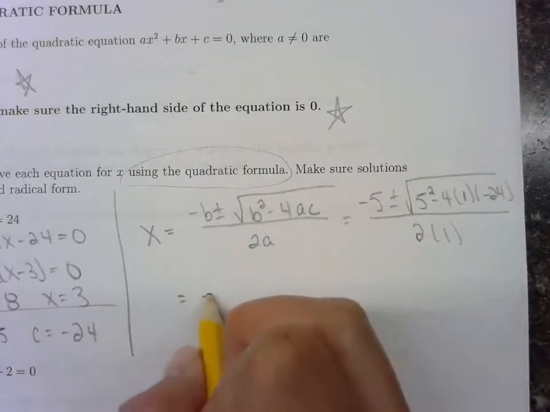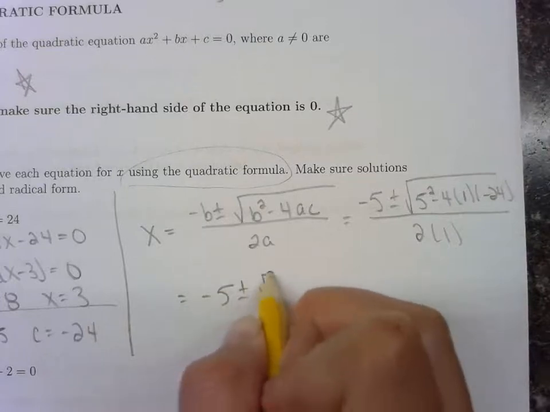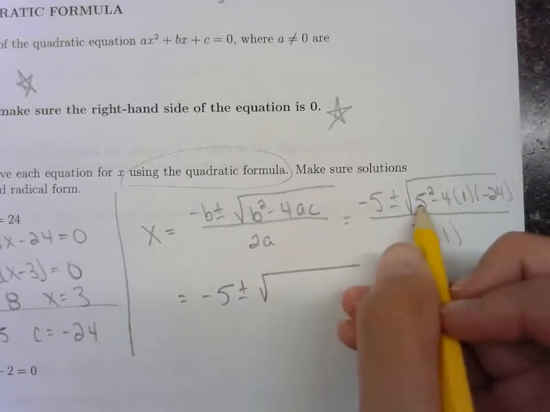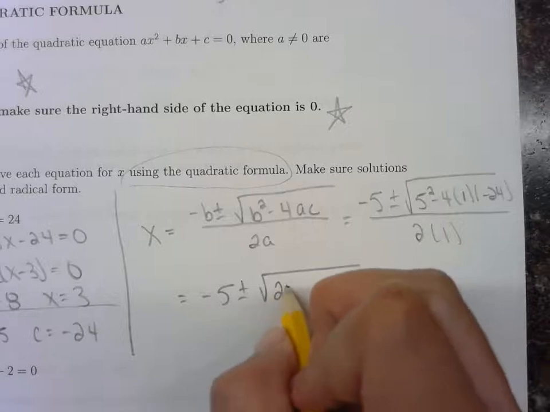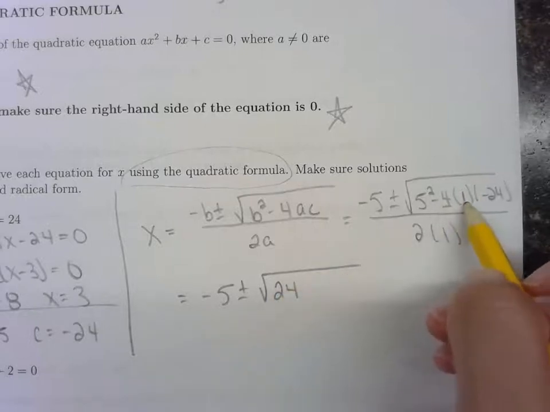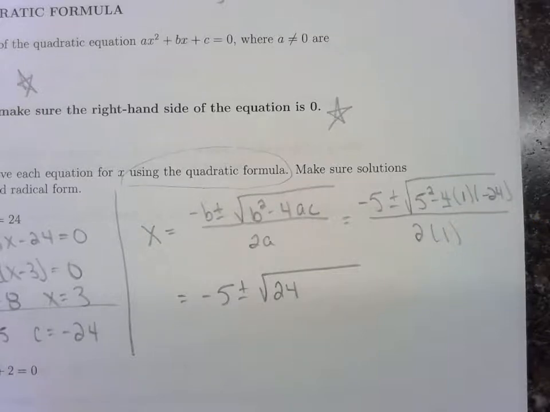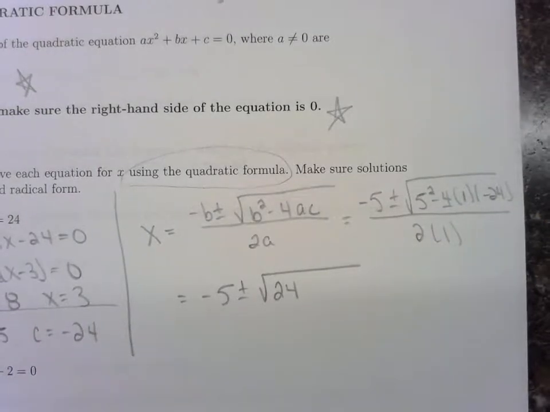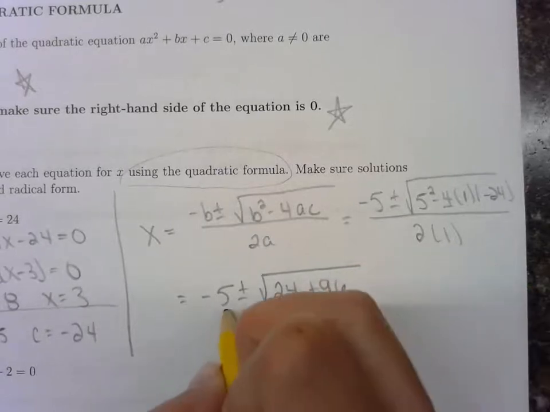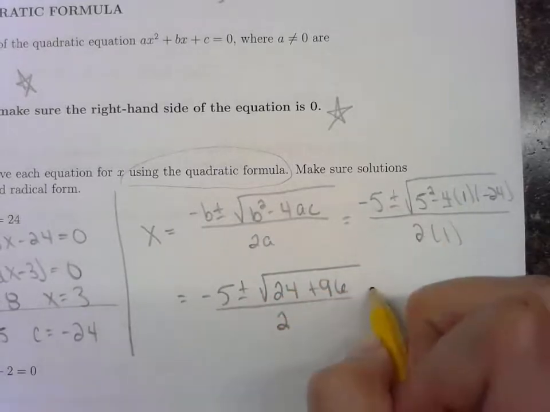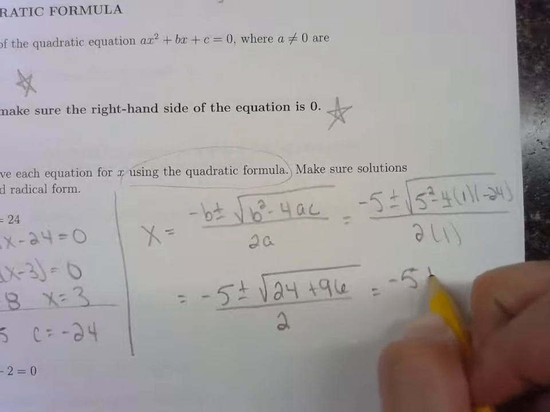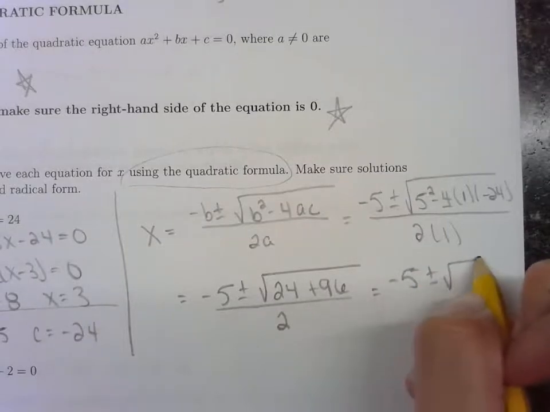Okay, equals, so I'm just simplifying now, negative 5 plus or minus 5 squared is 25, negative 4 times 1 times negative 24, which I can't do in my head, positive 96, all over 2. That gives you negative 5 plus or minus the square root of 121 over 2.